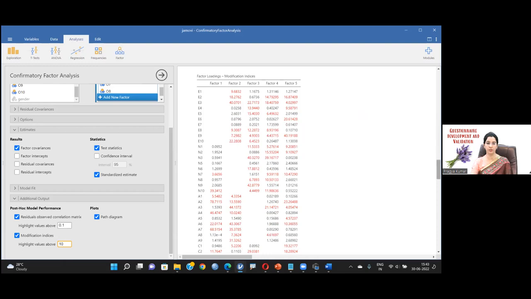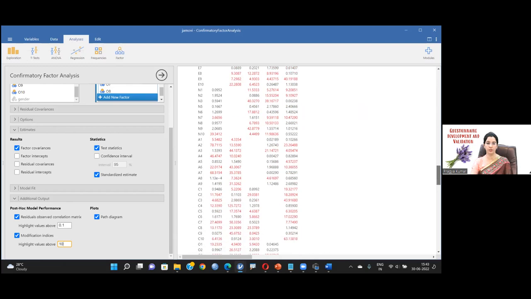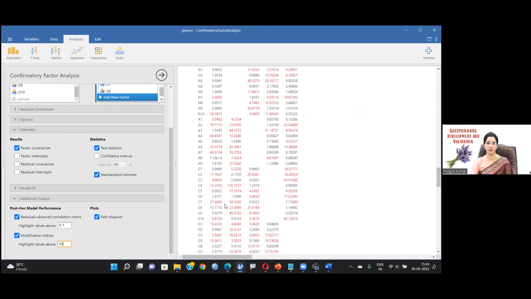If you come down, you can see 19, 10, 27. So all 68. This is the highest value I can see. So A7 is getting cross-loaded, and this modification index is also very high. So I may take a call to remove this item and see whether my model has improved or not.